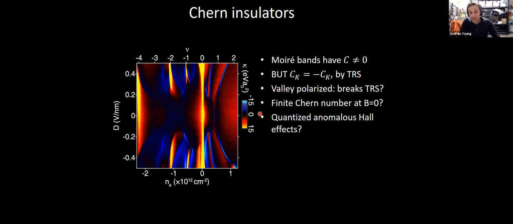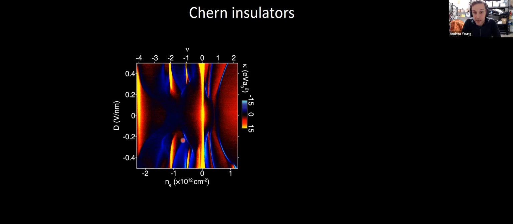And if you get finite Chern numbers at one of these Moiré gaps, you generally expect to have some quantized anomalous Hall effect. So we can look for that in these thermodynamic measurements by using this Wannier relation, which tells you the relationship between the density at which an energy gap is observed and the magnetic flux at which it's observed.